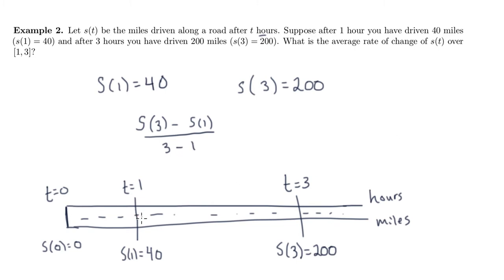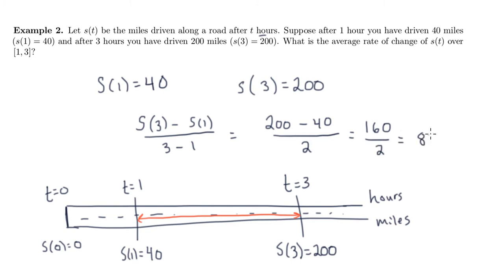Remember, I'm just looking over this time interval between hour 1 and hour 3 of my trip. And so what is this? This is 200 minus 40 divided by 2, which is 160 divided by 2, which is 80.